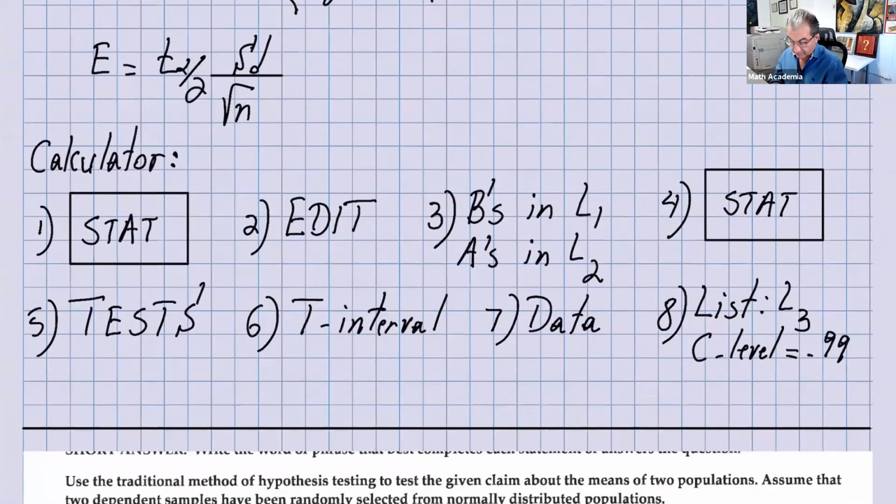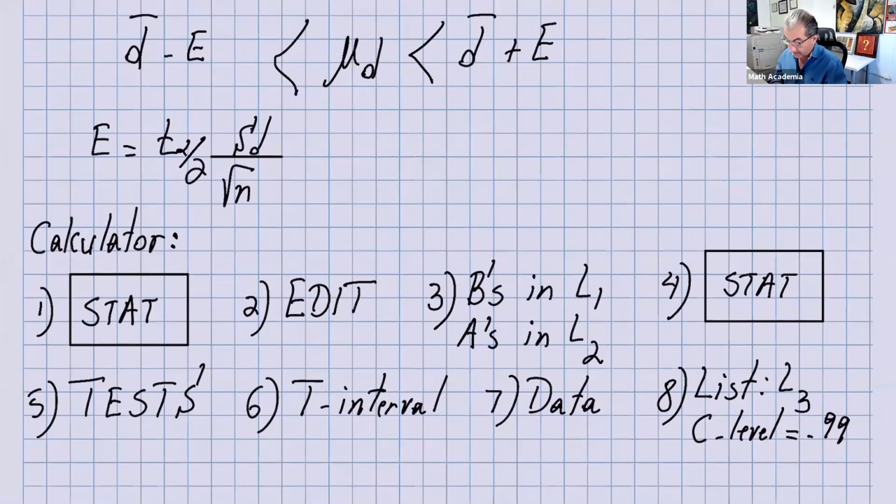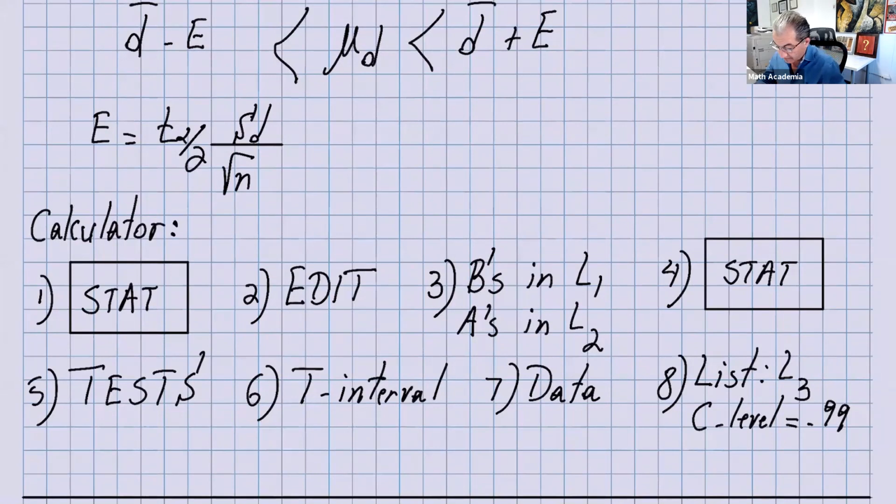However, you can do this directly. Go to stat, edit, B's in L1 and A's in L2. So then one step I missed here, let me complete that for you.